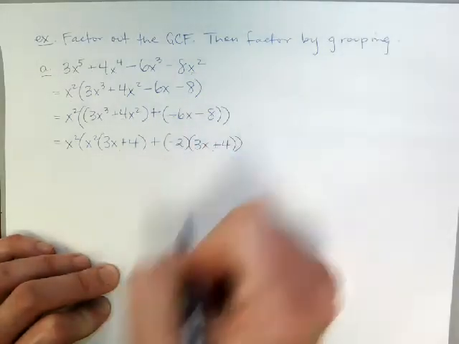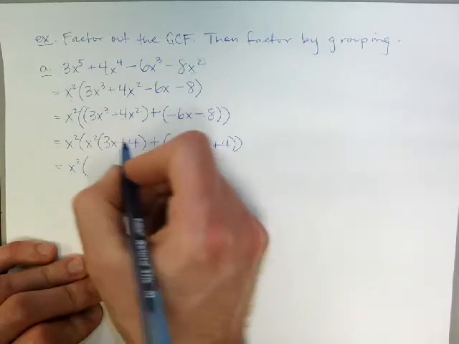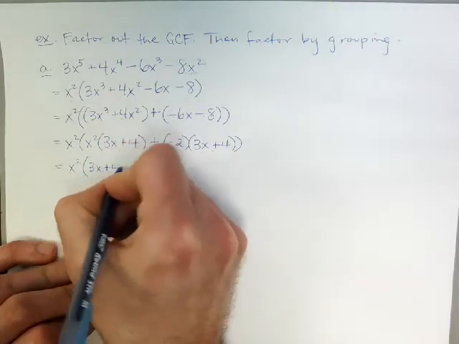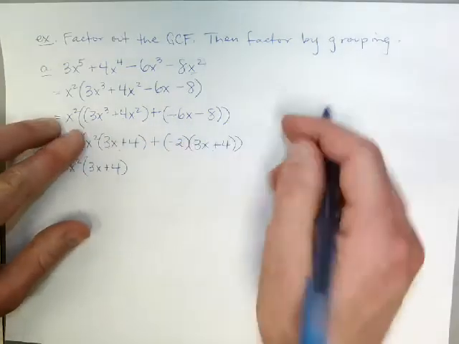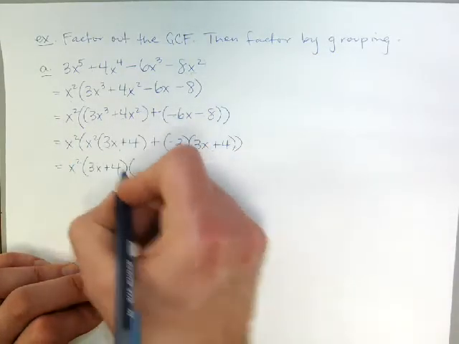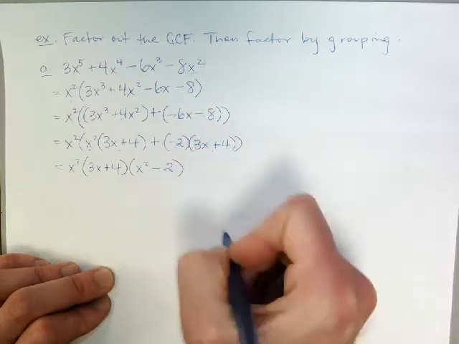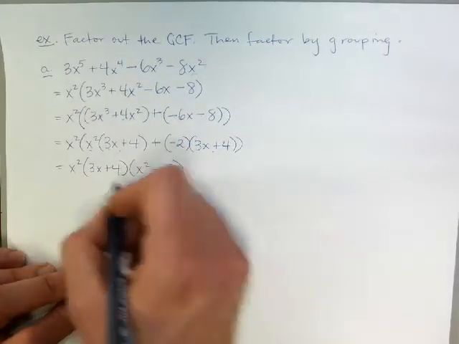We got them to match. Now we're ready to factor out the 3x plus 4 from these two terms in the parenthesis. What will be left is the x squared and then the negative 2. And that's it, all factored.